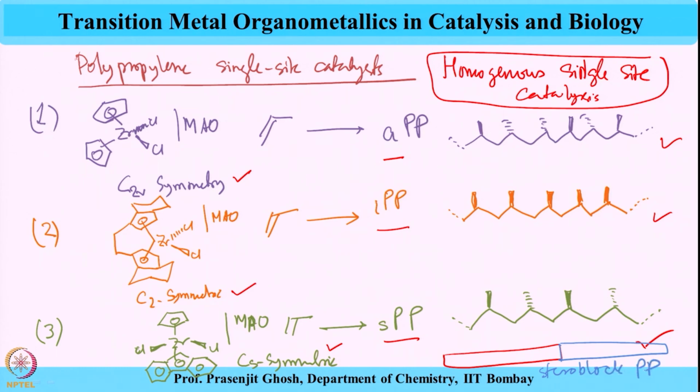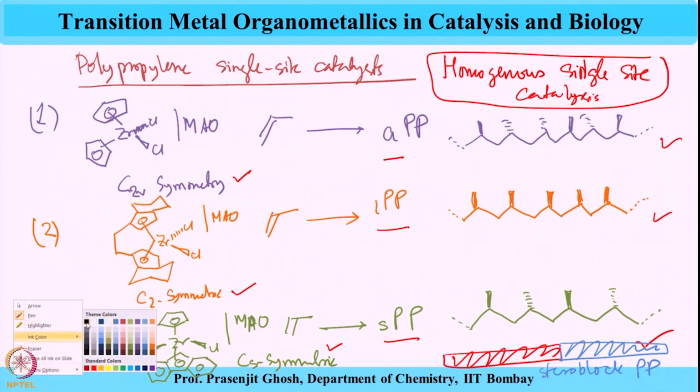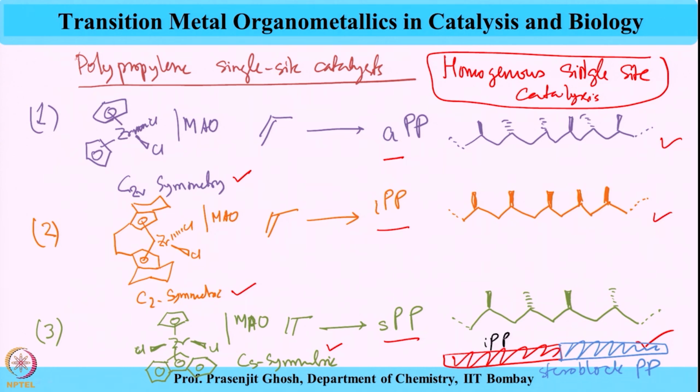polypropylene, and the idea is that these two are a combination of either of the three. So, one block can be, let us say, isotactic, the other can be syndiotactic or it can be atactic.